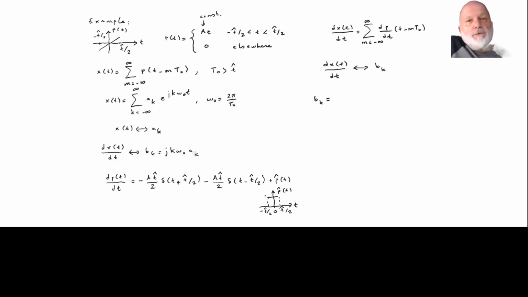And we already know how to calculate the Fourier series coefficients of such components, the periodic repetition of the impulses. So we have minus A T cap over 2 as the common term.